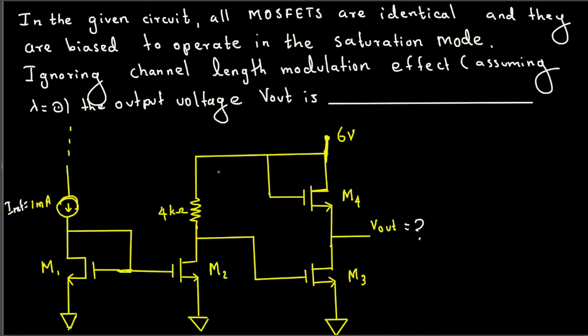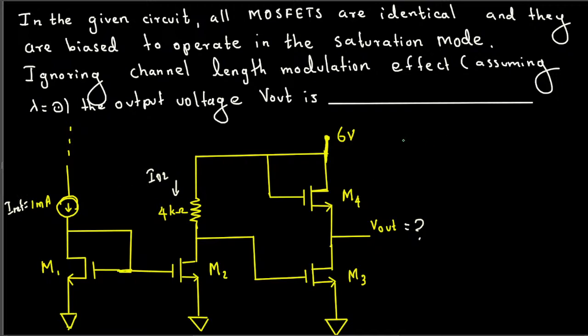Okay, so usually if I name the current through this as ID2, this is the NMOS. You can see the arrow is pointing outward, so you know that the drain current should be on top, source should be bottom, and this is the gate. And this is I reference, or you can say ID1 as well, and this is ID2.